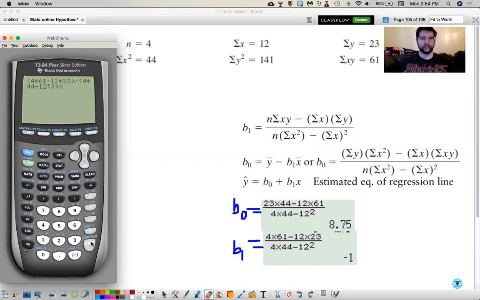Okay. Oops, I messed something up. I closed two denominator parentheses somehow. There's only one denominator. There we go. And we get -1.